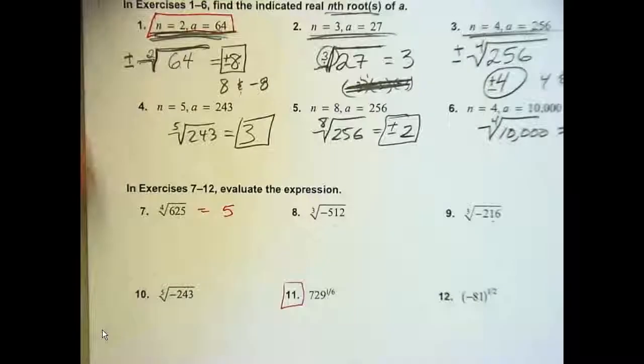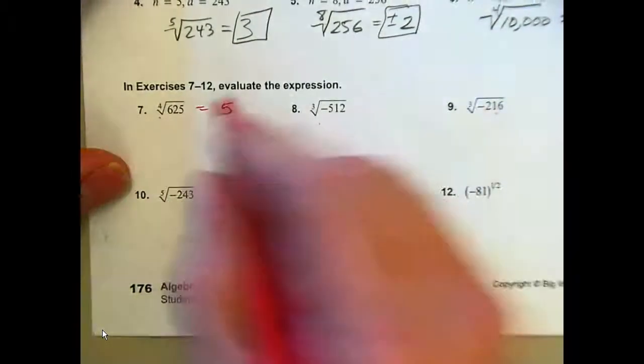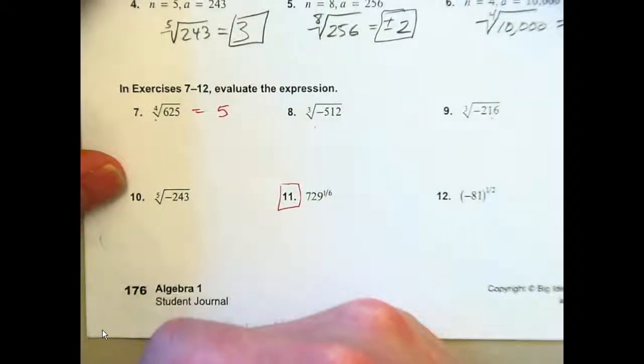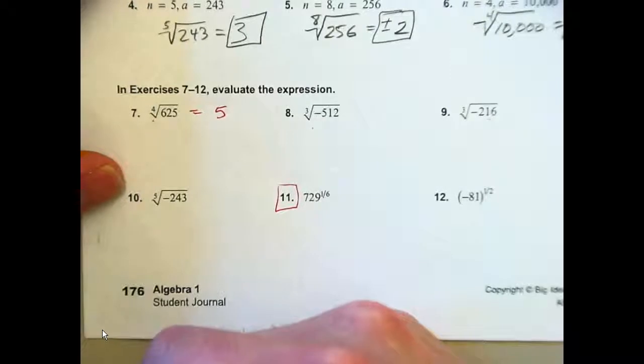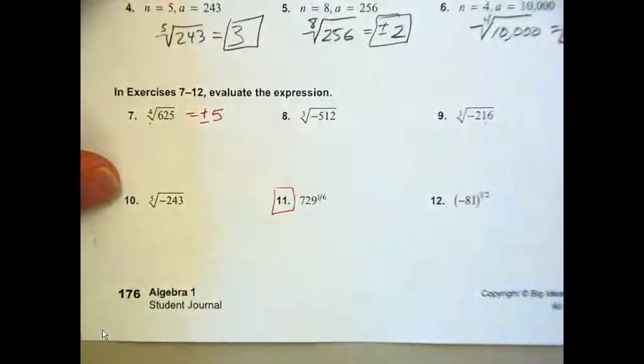If you start the problem and they already have the symbol in it, then it's okay to just assume they only want the positive answer. Okay? We understand that? Now, with that being said, if you put plus minus 5, I'm completely fine with that.